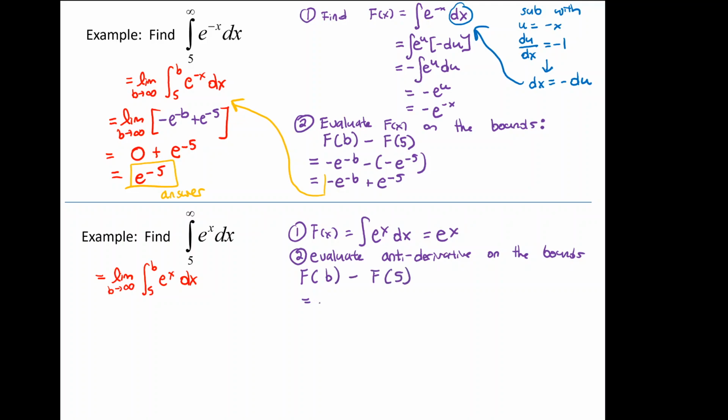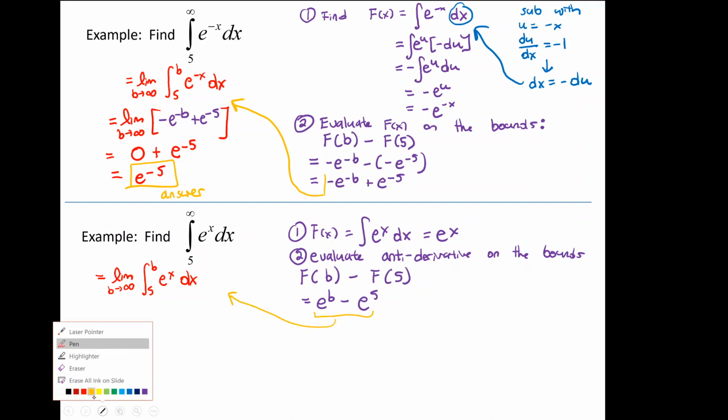So that will be e to the b minus e to the 5. Now we're going to take that result and plug it in off the left-hand side. We're going to have the limit of that, which equals the limit as b approaches infinity of e to the b minus e to the 5.